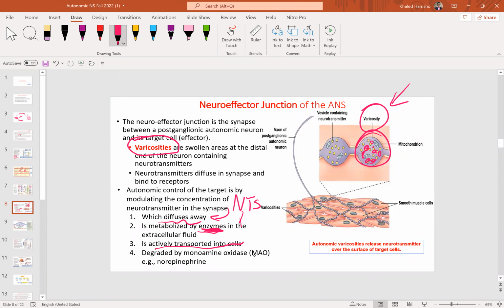This acetylcholine needs to go away. It can diffuse away on its own, or be metabolized by enzymes, meaning it's broken down. It can be actively transported into cells or recycled back into the cell, or it can be degraded by a specific enzyme, for example, monoamine oxidase. When it says metabolized by enzymes, this is the example over here.